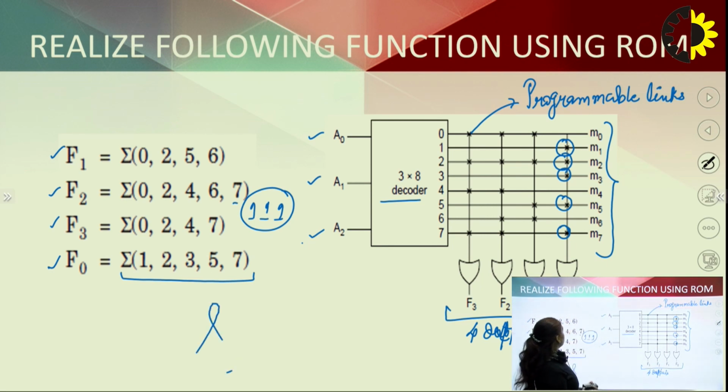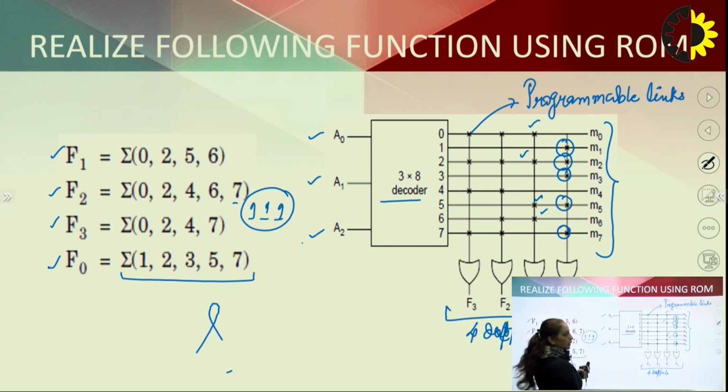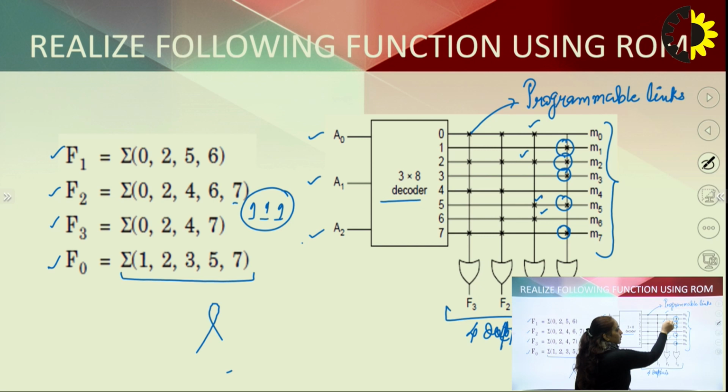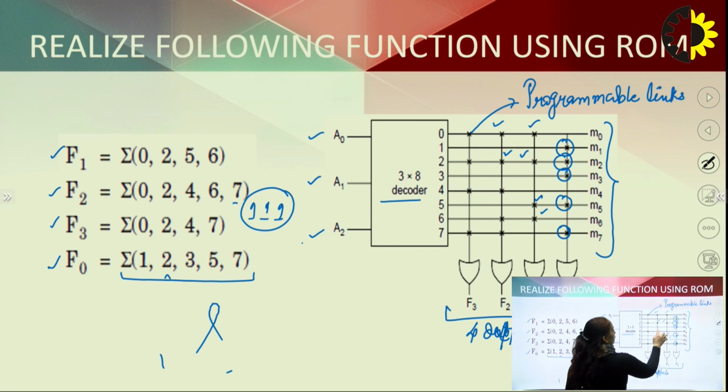Similarly, for F1 we have 0, 2, 5 and 7. These links are programmed, and where you need the connection we mark X; the rest will be treated as no connection. Then 0, 2, 4, 6 and 7 are connected to have the output F2.